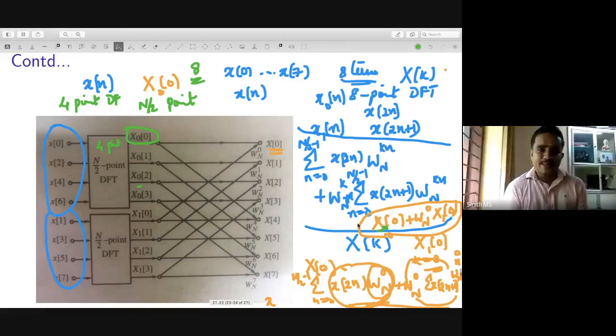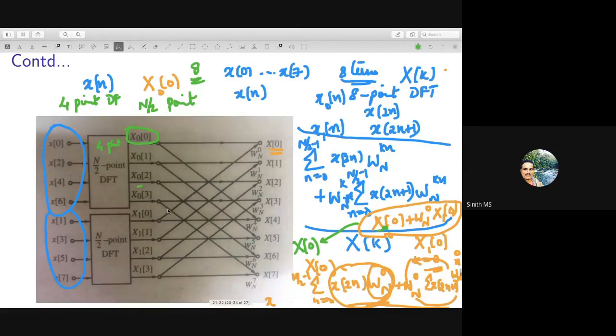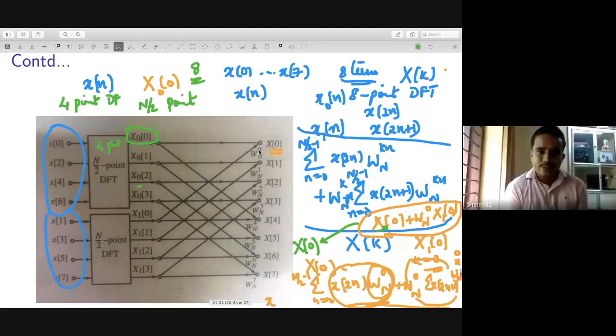So in the first term, which is what you're finding, capital X0, you got that it is x00 plus WN raised to 0 into x10. So x00, you take it here. You multiply x10 with WN raised to 0. So x10 is here, and you multiply it with WN0. You have a WN0 multiplication here, you can see the marked arrow for this multiplication.